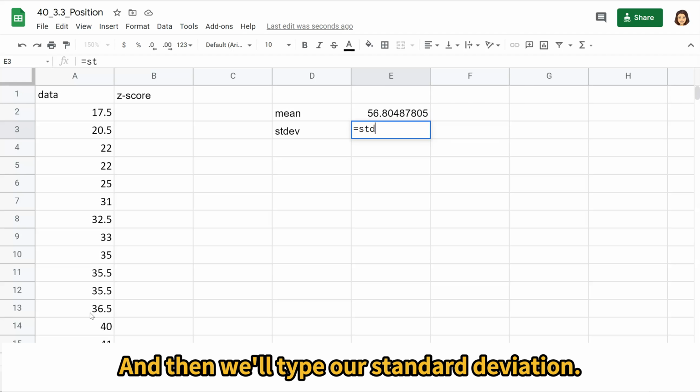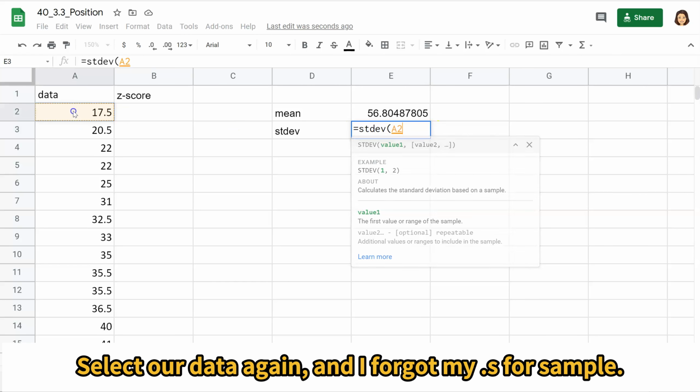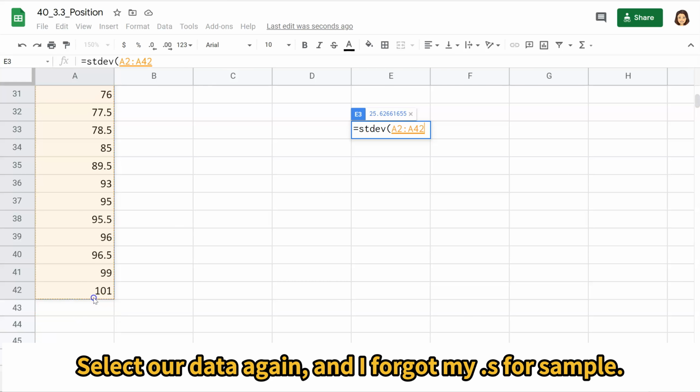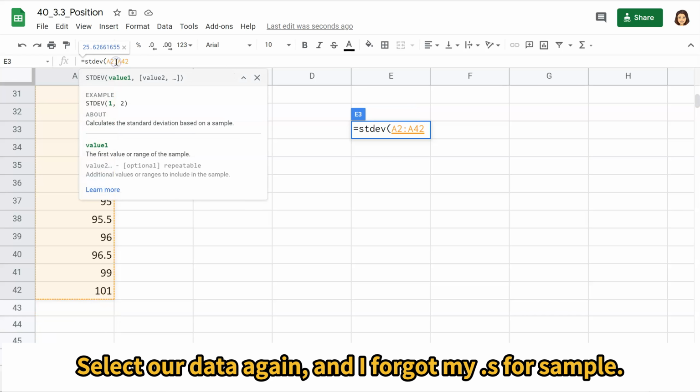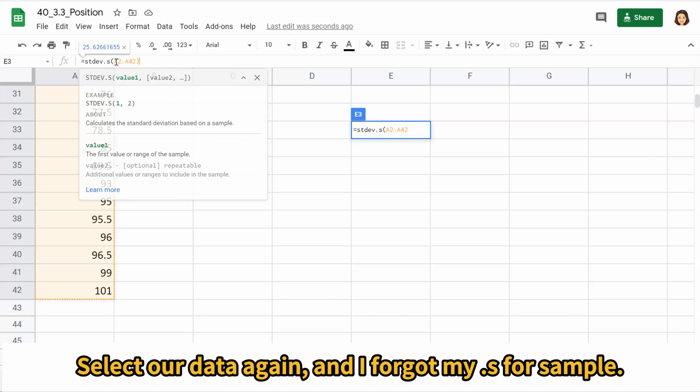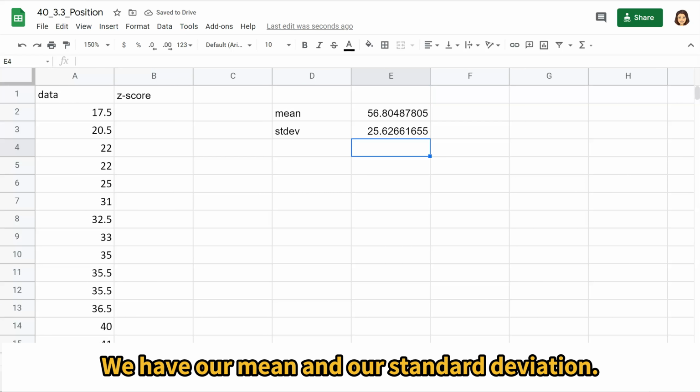And then we'll type our standard deviation. And select our data again. And I forgot my .S for sample. And we have our mean and our standard deviation.